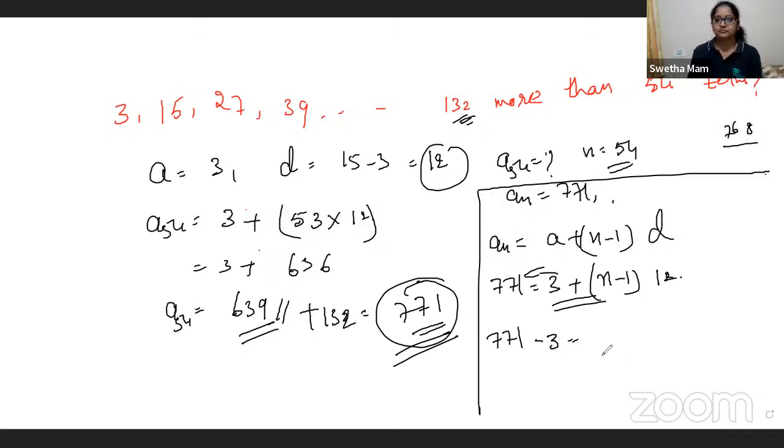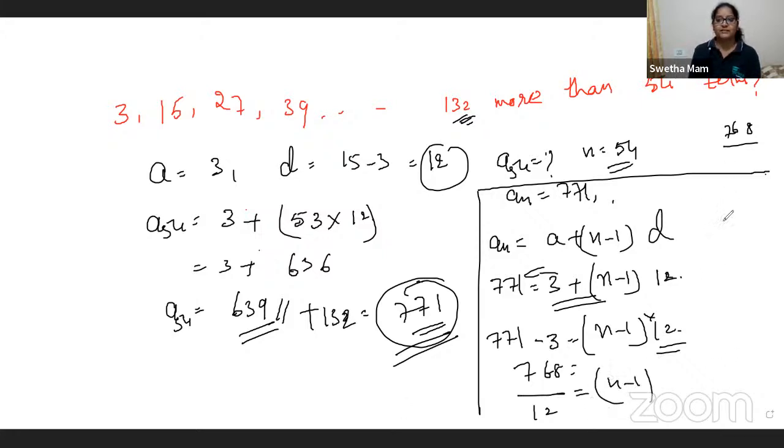n minus 1 into 12. So it is 768. See, now there is a multiplication sign between n minus 1 and 12. Take this 12 to the denominator, that is equal to n minus 1.